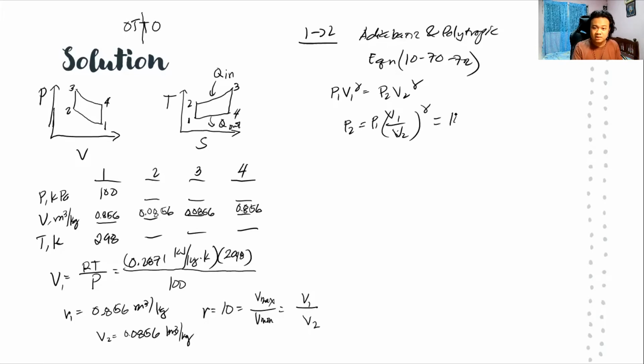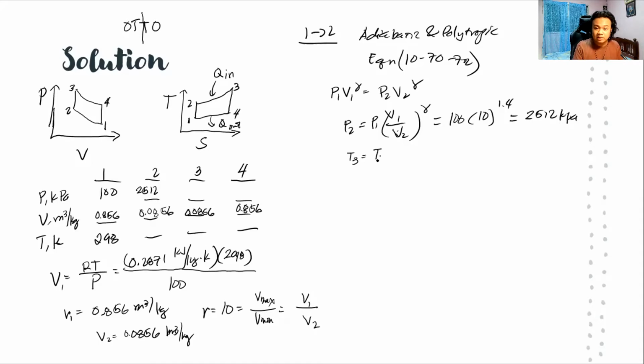P1 is 100, and then 10, and then gamma, we have gamma which is 1.4 kanina, diba? And then you get the product. So you have 2,512 kPa. So let's list that down here, 2512.